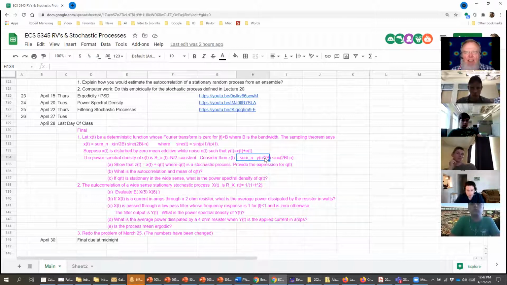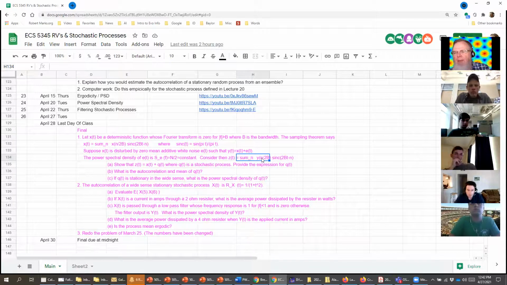And this Z of t is not equal to y of t, because clearly the white noise is no longer band limited, and Z of t is not equal to y of t, where the samples came from, because there's going to be noise associated with it, and it's white noise, and it has arbitrarily large frequencies.